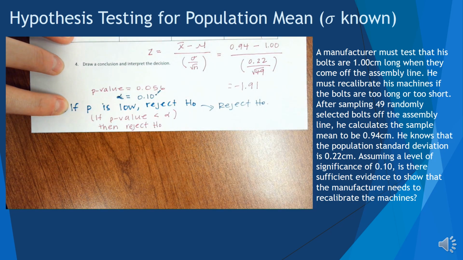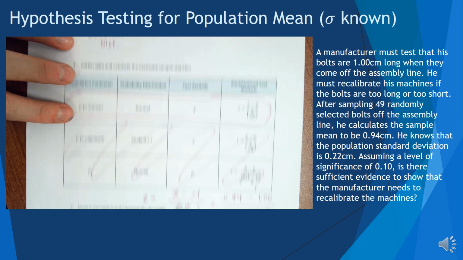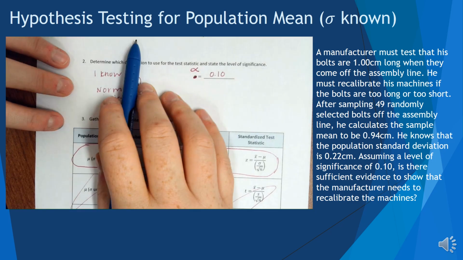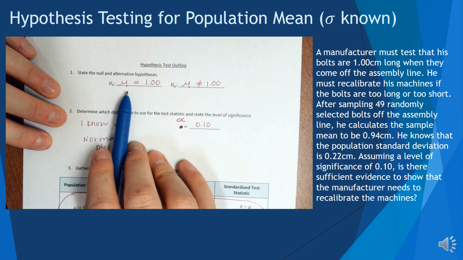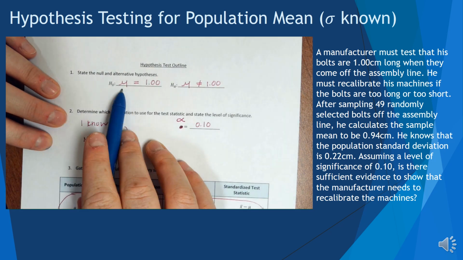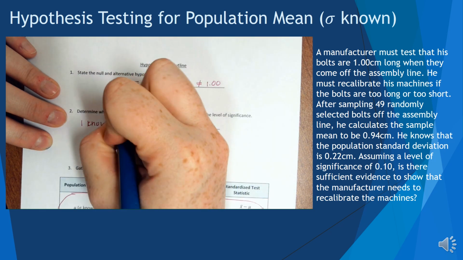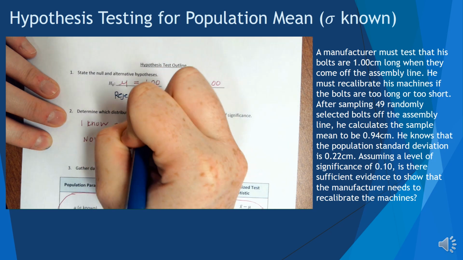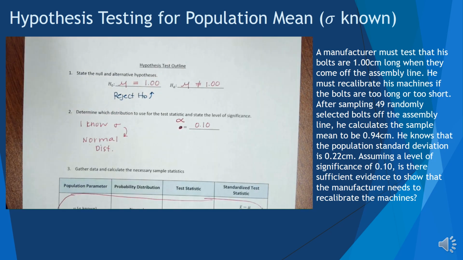Now we have to interpret the decision. If we are rejecting the null hypothesis, let's go back up to where we stated the null and alternative hypotheses. We are rejecting the null hypothesis, H0. That says we have sufficient evidence to believe.